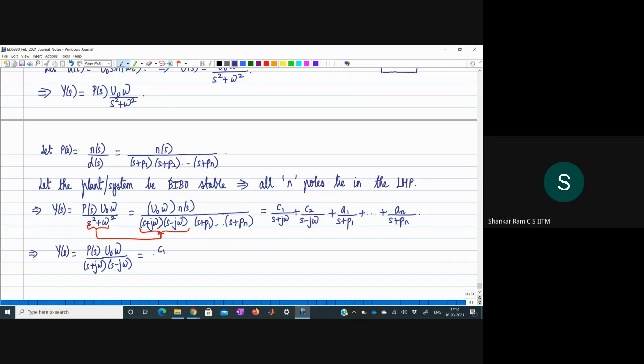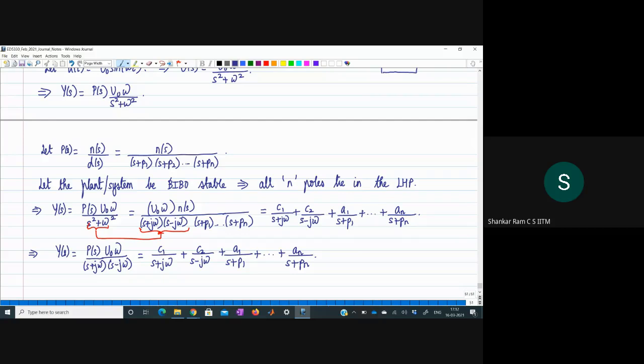That's going to be equal to C1 divided by s plus j omega plus C2 divided by s minus j omega, right? Plus A1 divided by s plus T1 all the way till An divided by s plus Tn. Okay, so these are the n plus 2 terms, right?